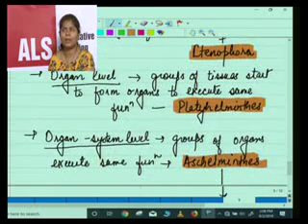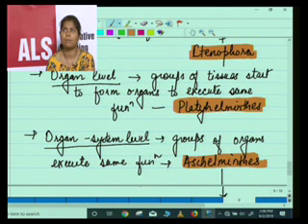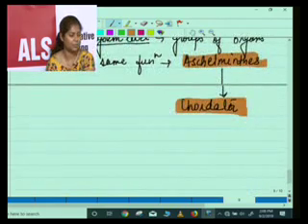So they are said to have organ level organization. Okay. Clear? Okay, children.